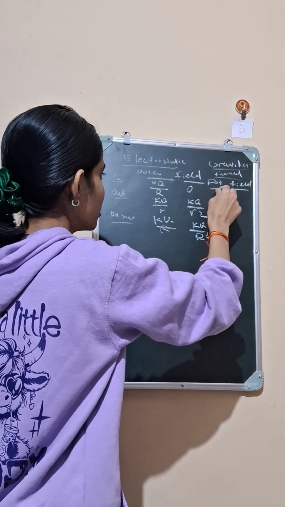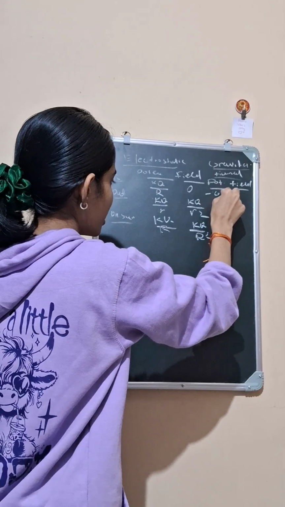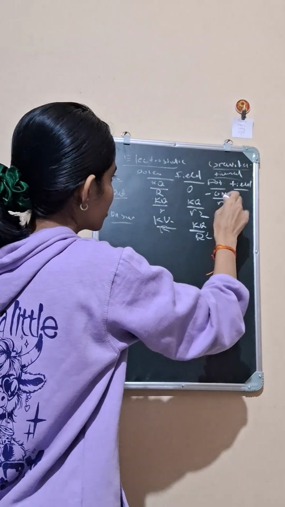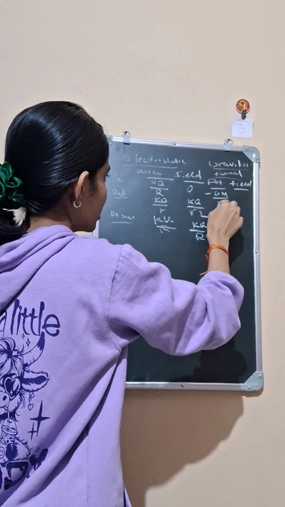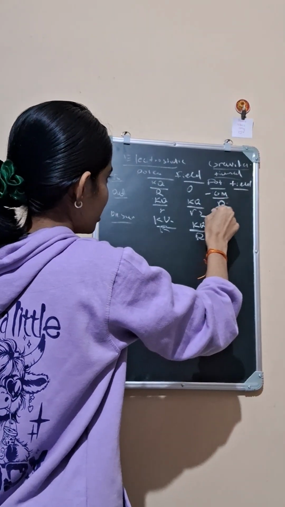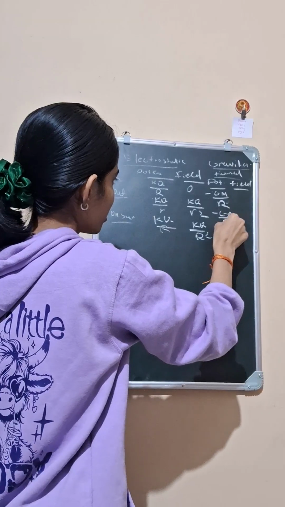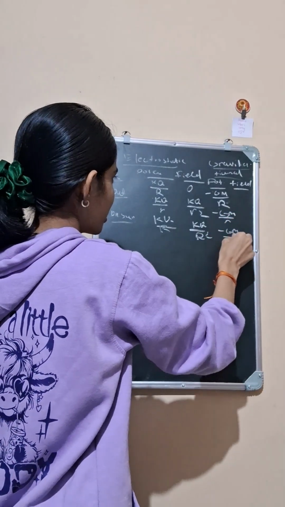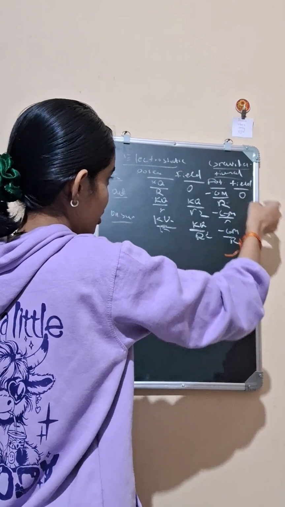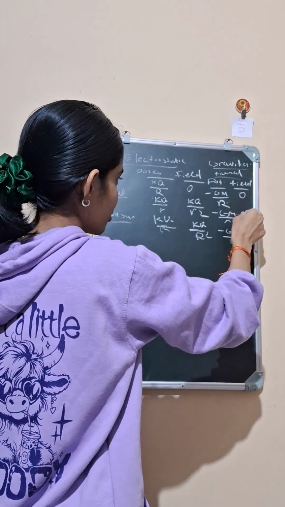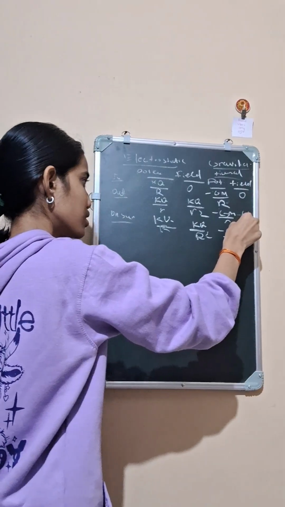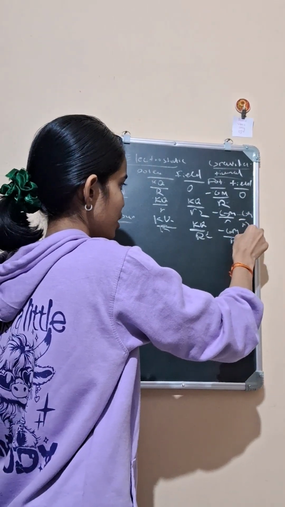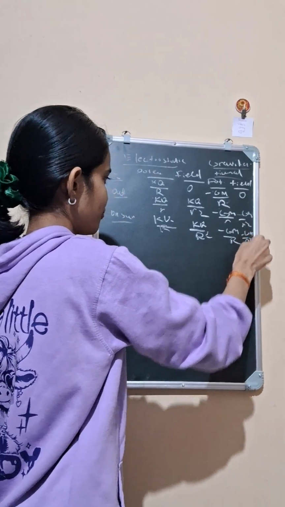Gravitational potential: inside minus G m by capital R, outside minus G m by small r, on the surface minus G m by capital R. Inside field equals 0 and outside field equals minus G m by r square, and for a point on the surface it is equal to minus G m by capital R square.